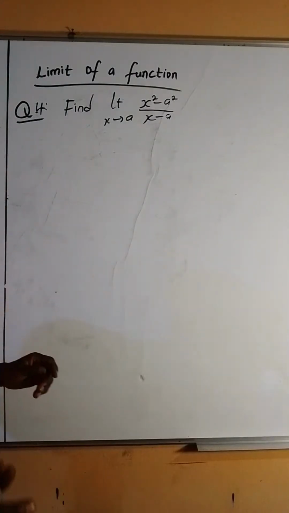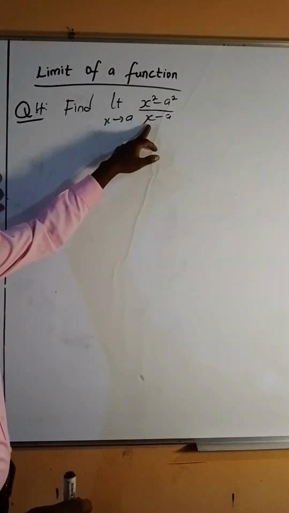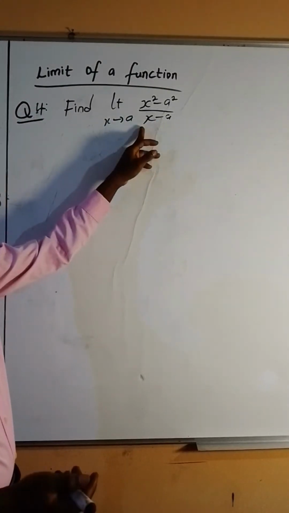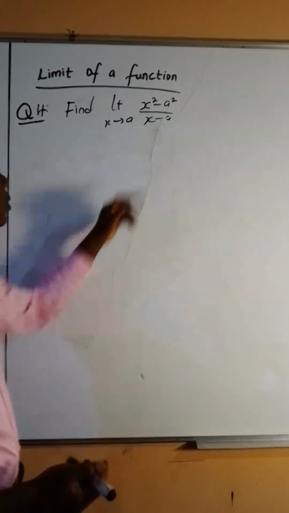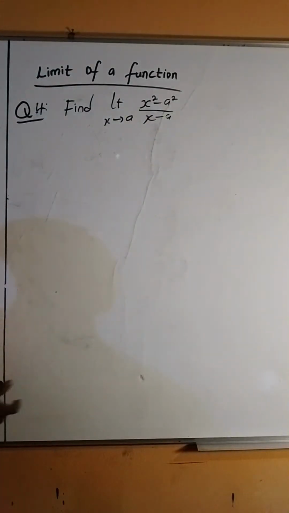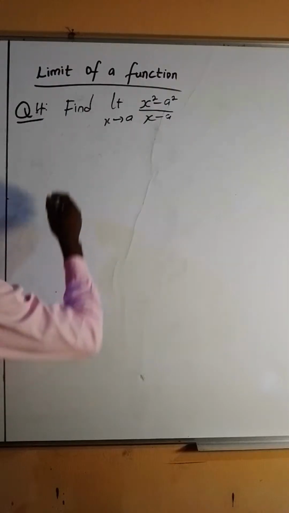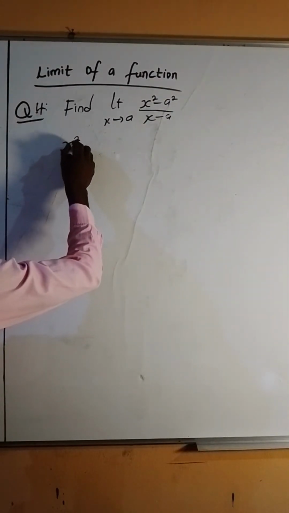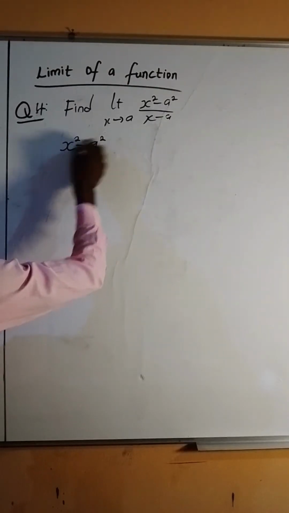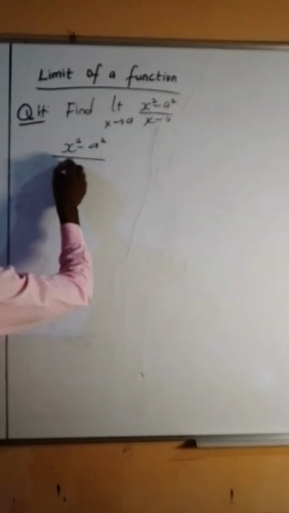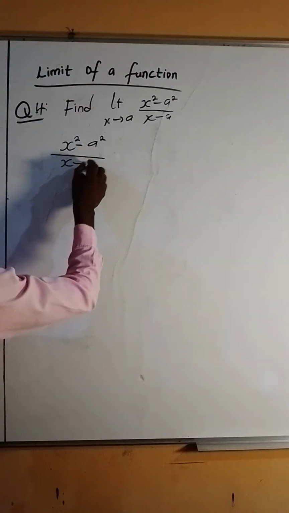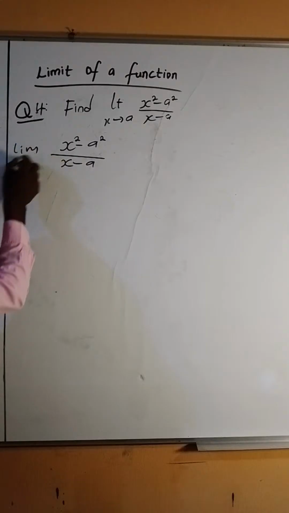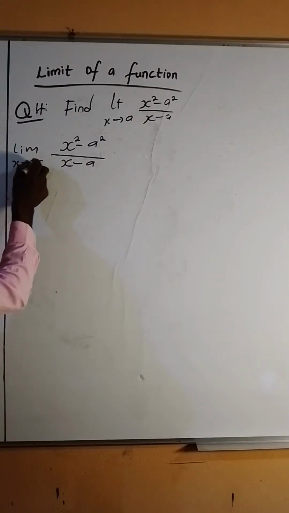Now, you will also notice here that when you put a here, you're going to have a minus a, which is 0. And that is not good for this expression. Getting 0 at the denominator is not good for an expression. So what are we going to do? It's quite simple. So we write our x squared minus a squared divided by x minus a, the limiting function as x approaches a.